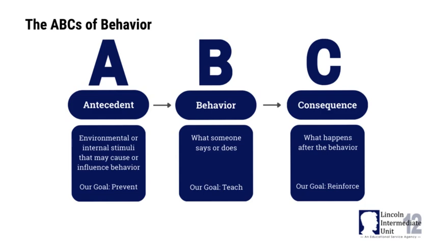The behavior itself is what someone says or does, and the consequence is what happens after the behavior. One quick important note is that if you are trying to utilize this lens of viewing behavior, it's important that you identify the behavior first. So determine what was said or done, and then look at the antecedent, and then look at potential consequences that impacted it.